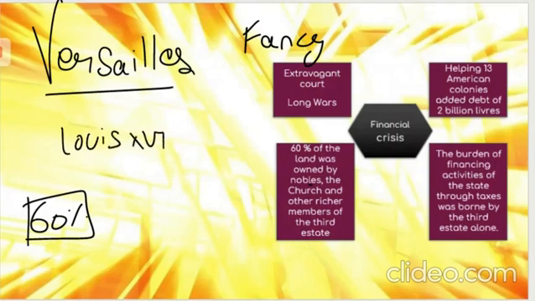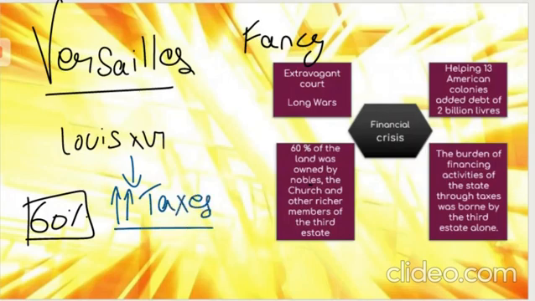What will I do? There is no other option. I can't give money from my pocket. So I will increase the taxes, so that my treasury gets filled, because the treasury was totally empty. So he said that now more taxes will be there.